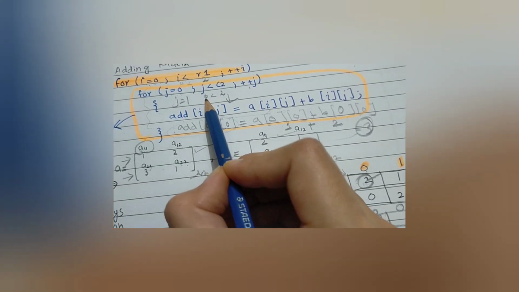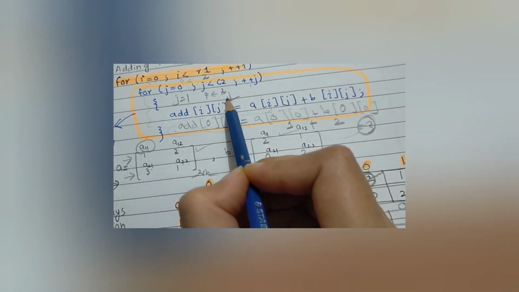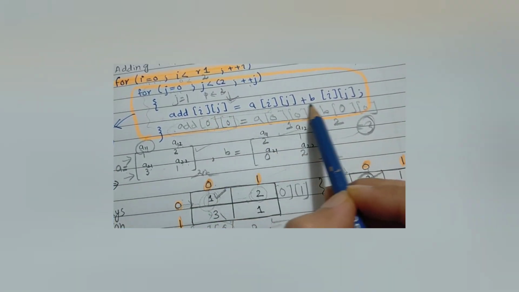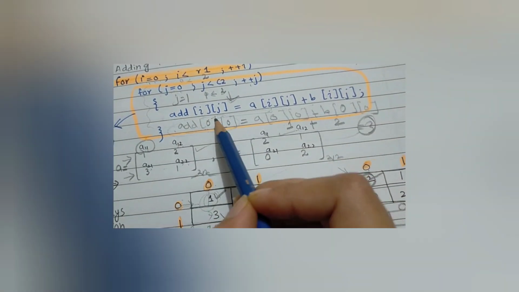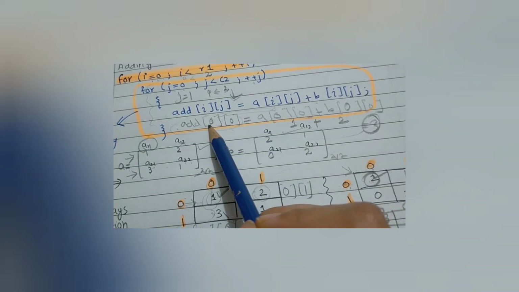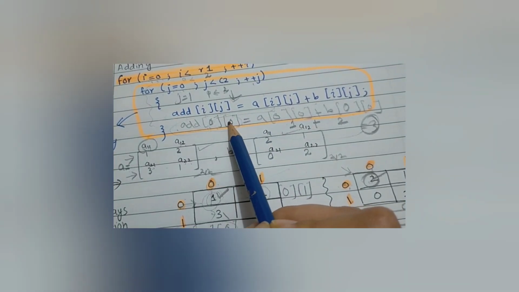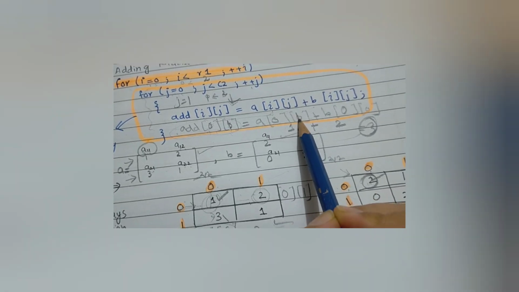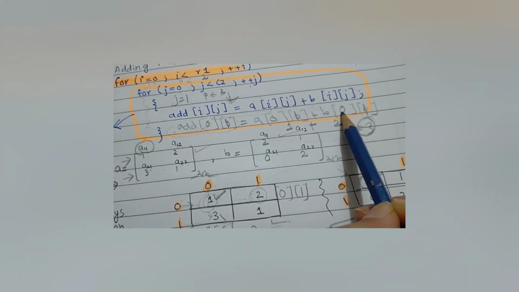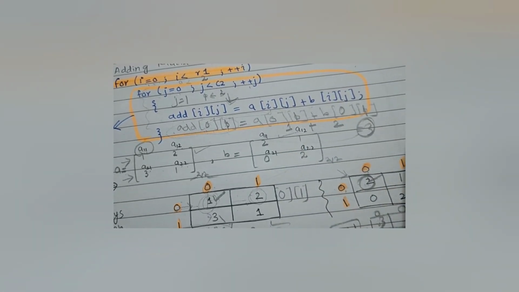Okay, and 1 is less than 2, of course the condition is true, so now this statement will again be executed. Now i is still 0. The value of i is not changed, so i is 0 and j is 1. Here j will be 1, and the value of i is still 0.